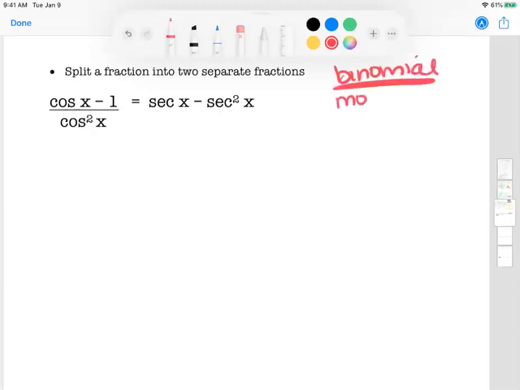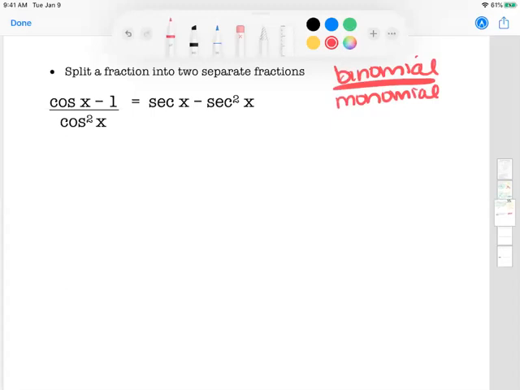Remember, binomial means it has 2 terms. Monomial means there is 1 term. So the left-hand side of my equality here, cosine x minus 1 over cosine squared x, is a binomial, cosine x and minus 1, over the monomial.